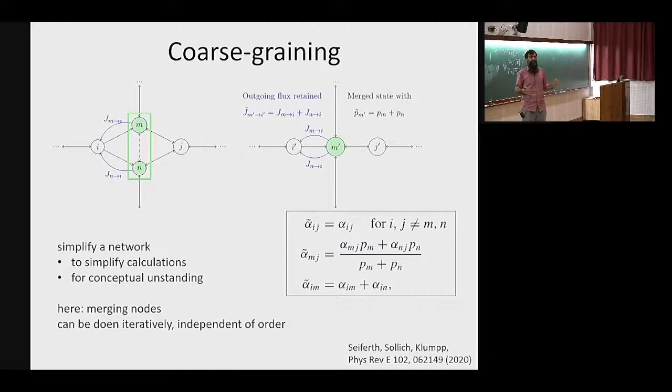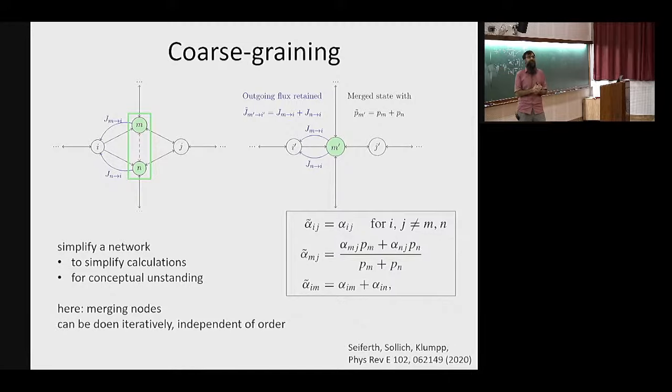I don't find this argument very convincing, but I think this coarse graining is still useful, even though there is this practical problem, because it tells you something about the conceptual understanding of such a system. One thing that we are working on is to replace this with some estimator that doesn't require us to know these rates here.